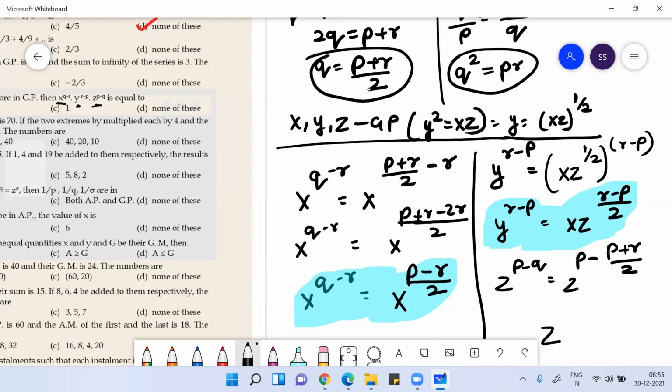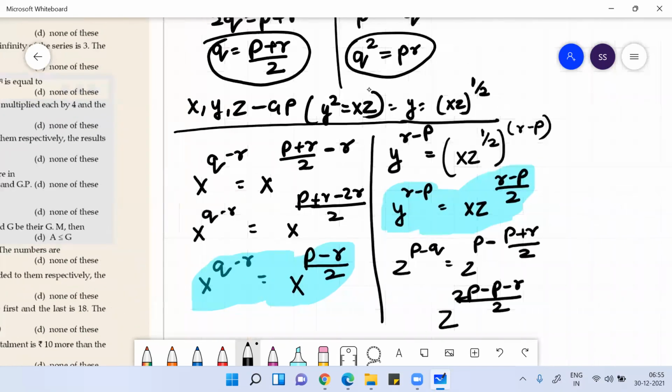So I can write z to the power 2p minus p minus r by 2, so here z to the power p minus r by 2. This is number 2.